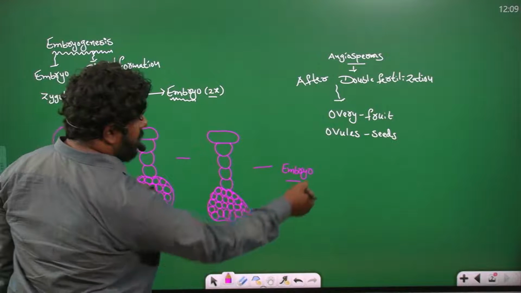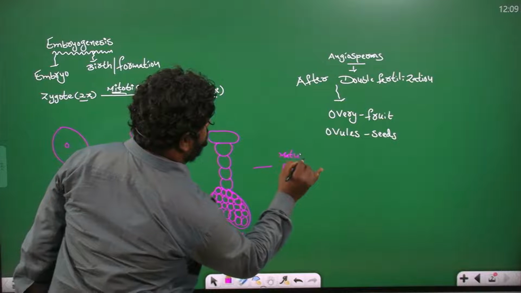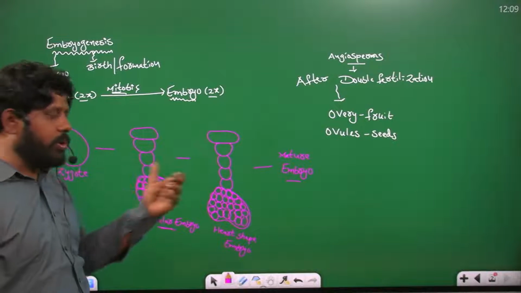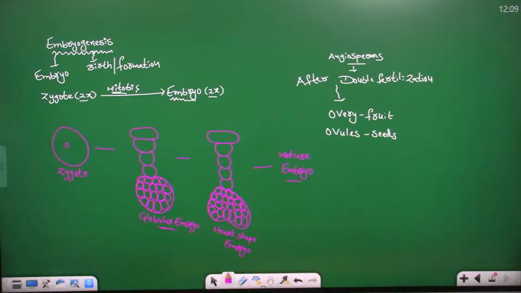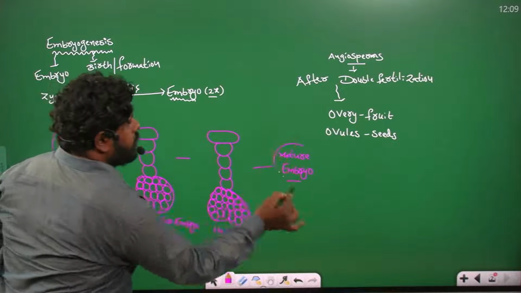Then finally, this heart-shaped embryo is developed into matured embryo. That means between zygote and embryo, the globular embryo and heart-shaped embryo first develop, and after that it is developed into matured embryo.